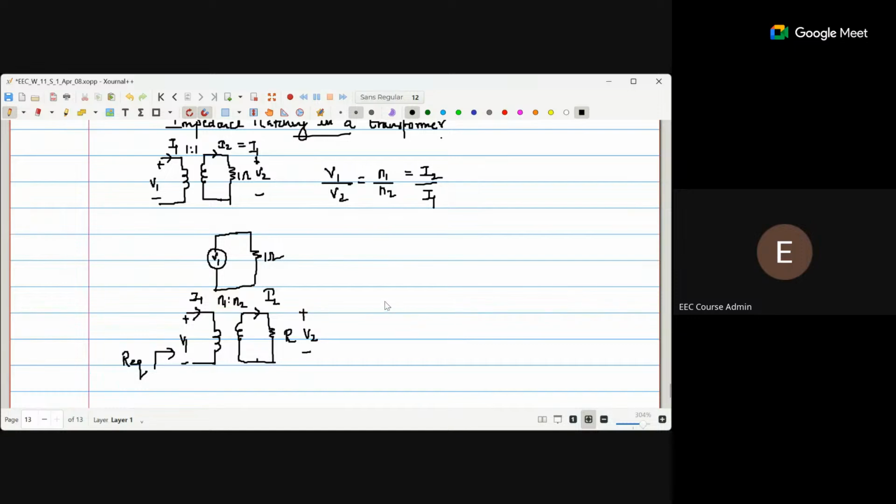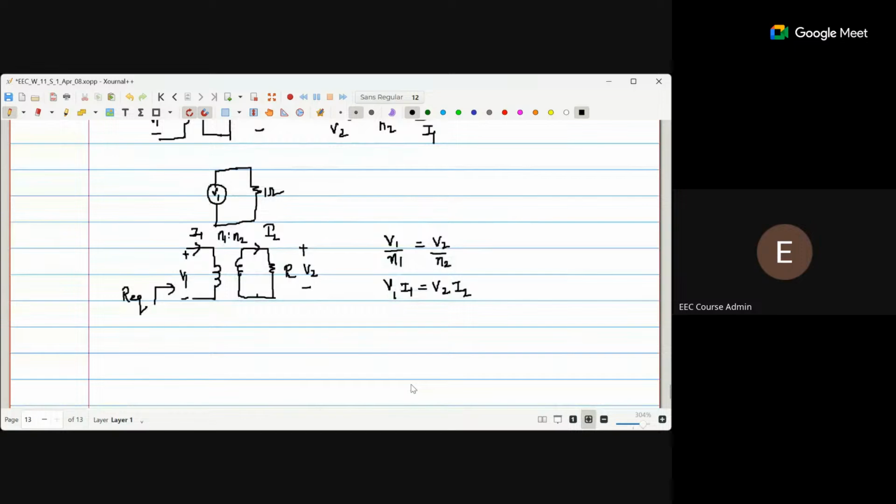Just as we already know, the volt per turn will be the same. So V1 by N1 equal to V2 by N2. Then you have V1 I1 equal to V2 I2. So accordingly, what will you have for R equivalent?